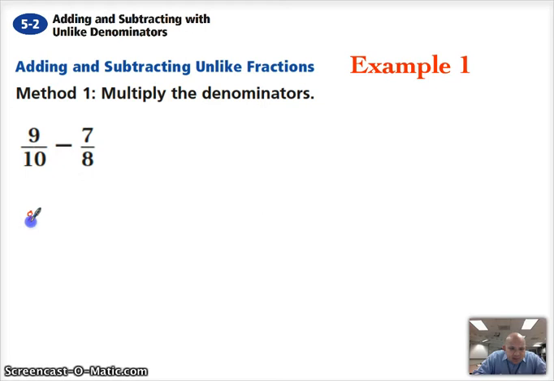So I'm going to write down 80 as denominators and put a subtraction sign in between them. All I'm doing is renaming these fractions with a common denominator. Now, how did I get 80? Well, I multiplied by 8 here, so I need to do the same to the top because 8/8 is 1. So 9 times 8 is 72.